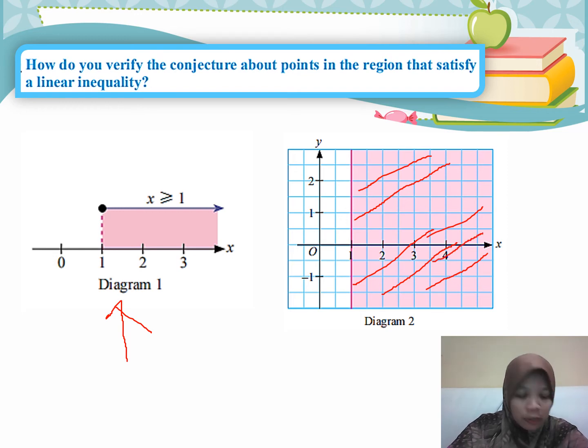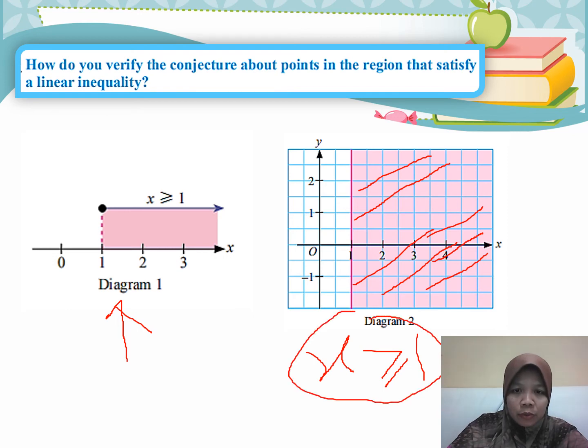All the x coordinates in the shaded region satisfy the inequality x greater than or equal to 1, right? 1, 2, 3, and so on. So we can write the inequality like this also, for the Cartesian plane given.